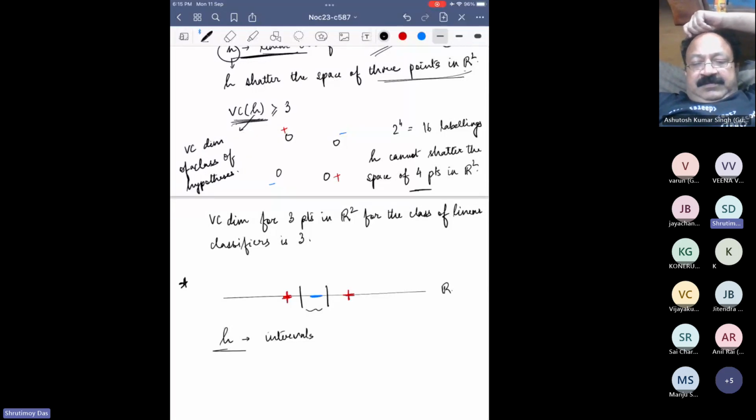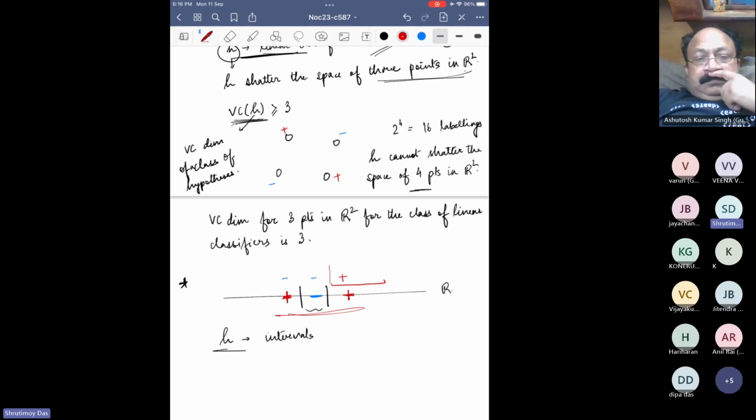When we talk about shattering, we look at all possible configurations. If our configuration was like this, then we can say that in this interval it is positive and in this interval it is negative, so we can shatter that. But this other labeling is also possible, and this type of classifier cannot shatter this space.